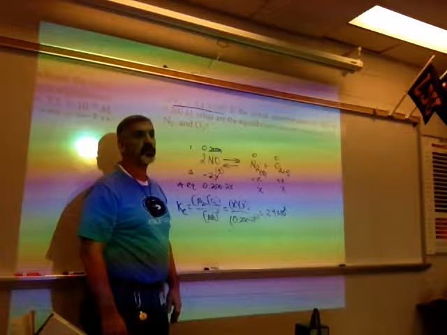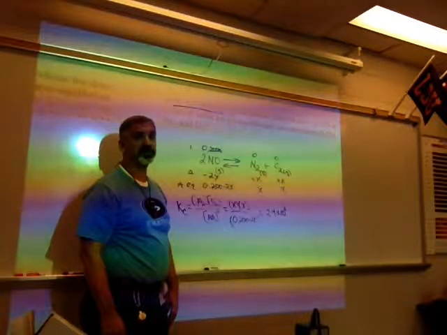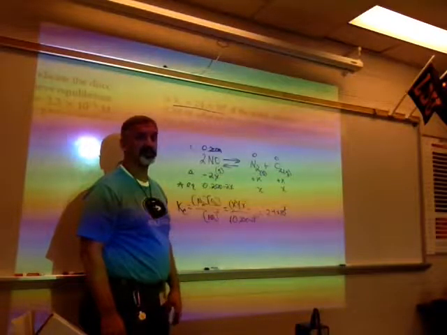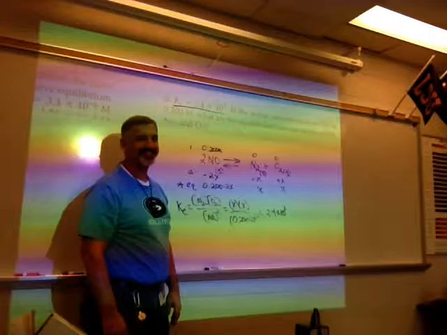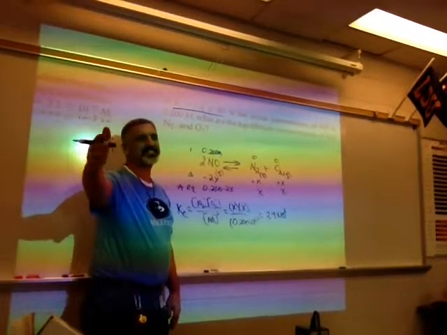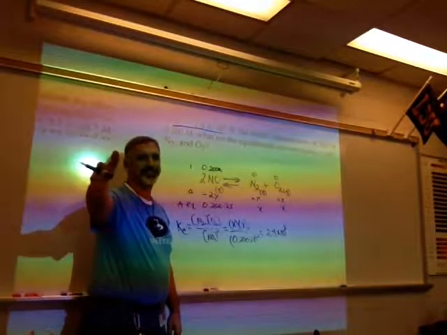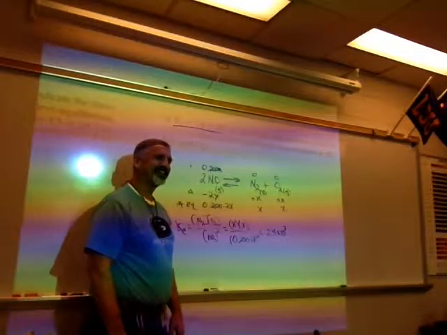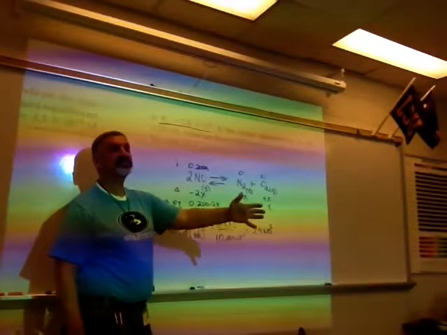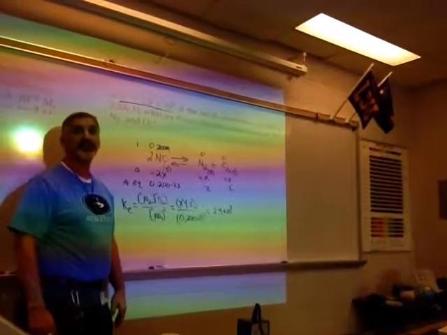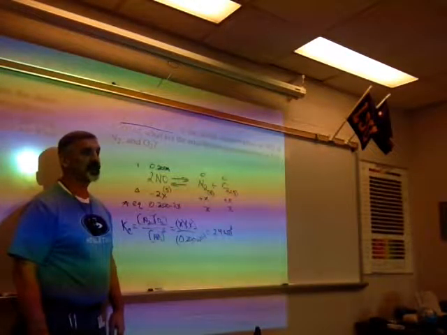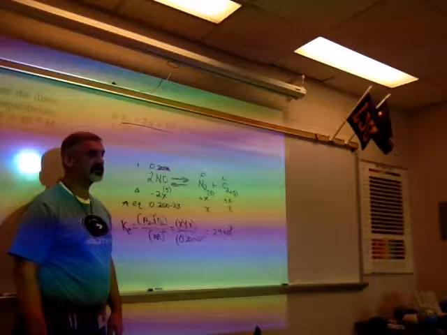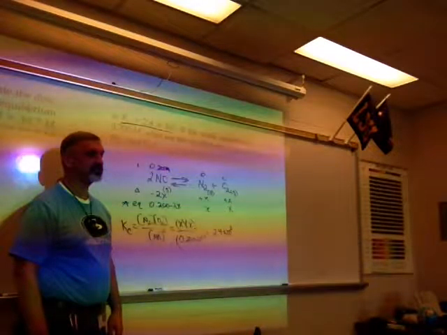You pay $120, $150 for this Inspire calculator, so you might as well learn how to use it. If you do not have an Inspire or a calculator with a solve function, make sure it's one that has good batteries.